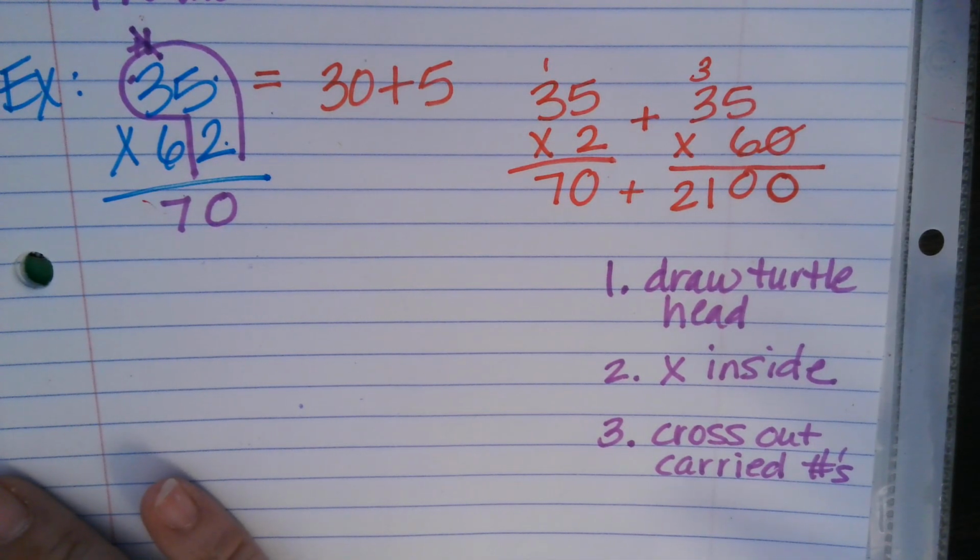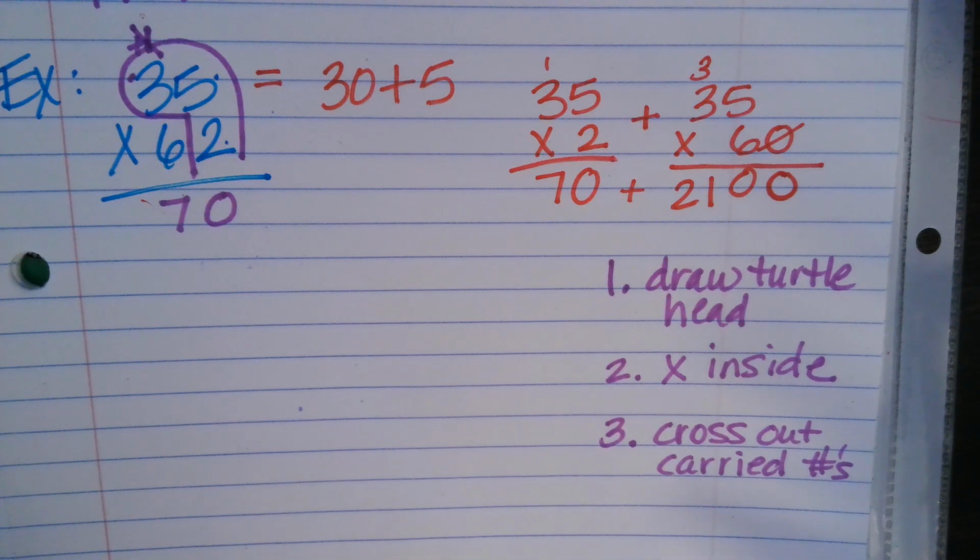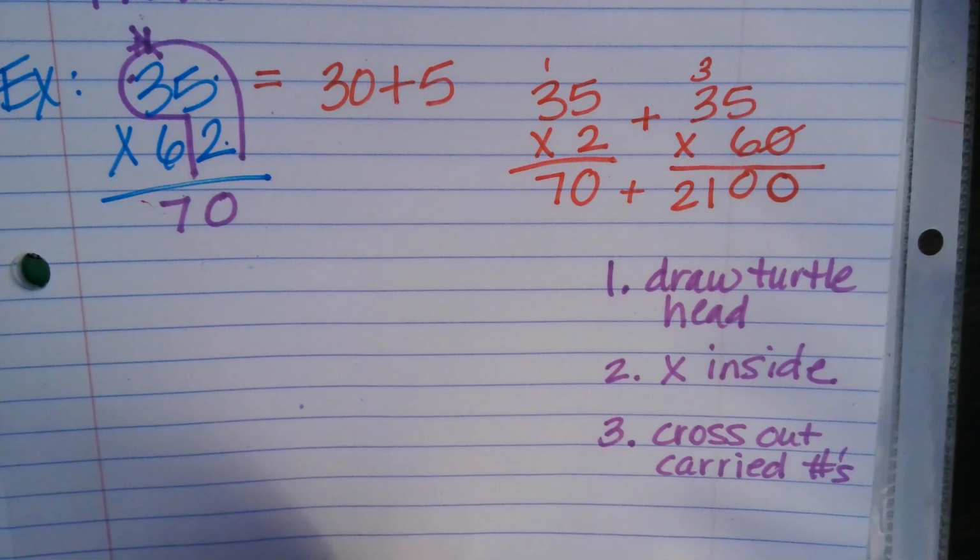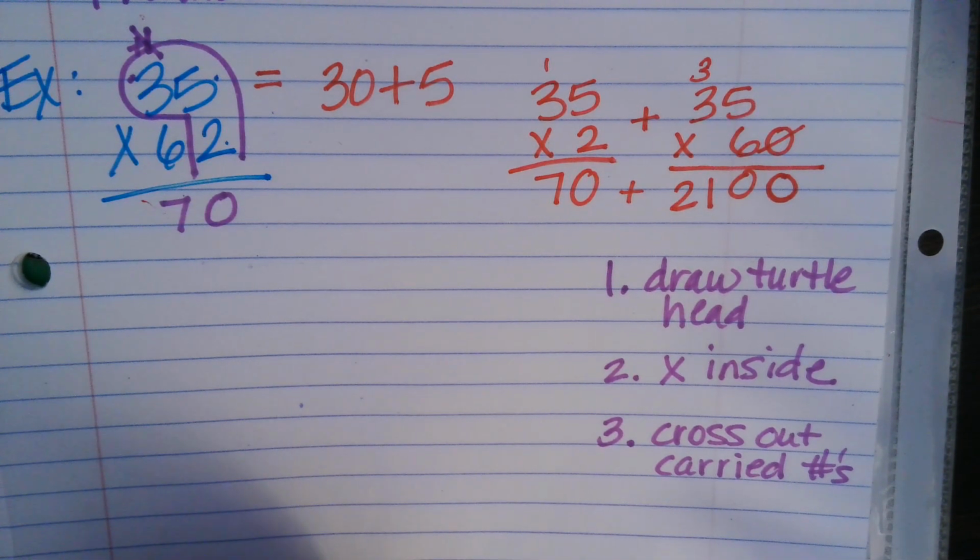You should still be able to see what your carried number was, but it should be marked through so that you know you're not using it anymore. Do you understand? Because if you make a mistake and have to go back, we need to know what the carried number was to know if you didn't add it in, or maybe you multiplied wrong. So again, no scribble scrabble for any of this. We still want to be able to see the numbers. We just don't want to be distracted by them.